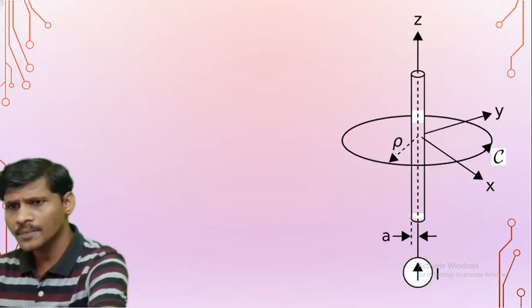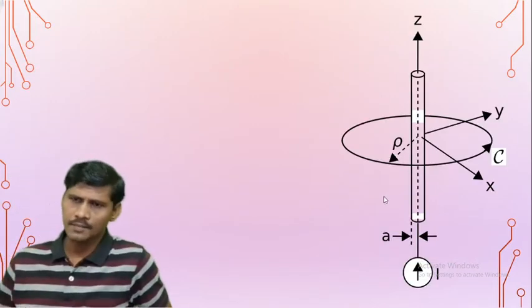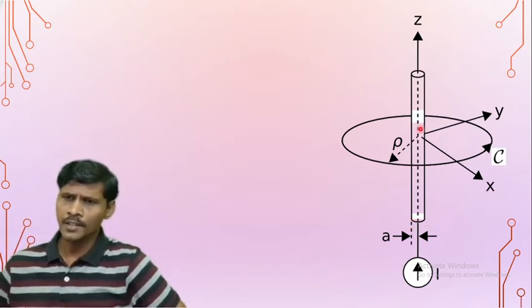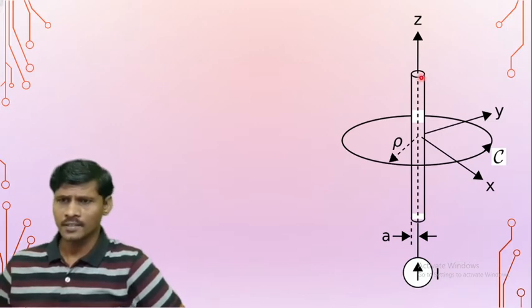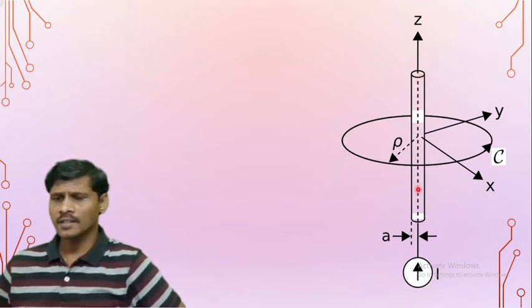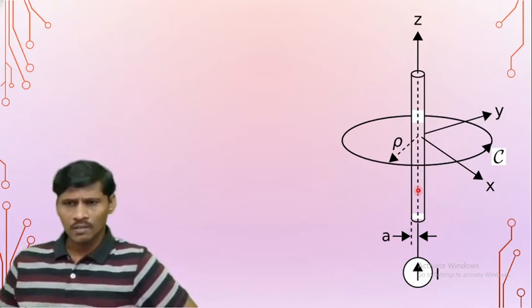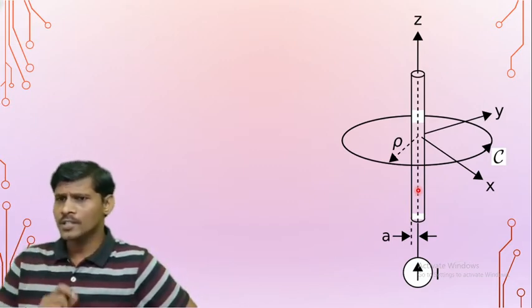So consider an infinitely long straight conductor. This conductor carries the direct current I amperes, and this conducting rod radius is a meters.